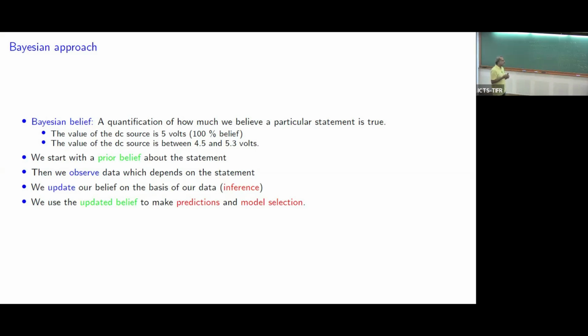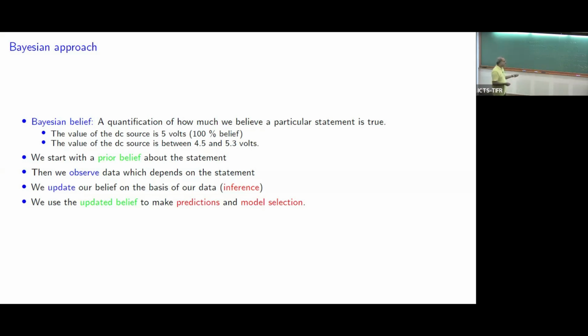I strongly believe that it is 1 or 2, but I don't have a strong belief that it is 3. So maybe my prior belief on this I is: it is 1 degree with a belief of 0.5, 2 degrees with 0.4, and 3 degrees with 0.1.